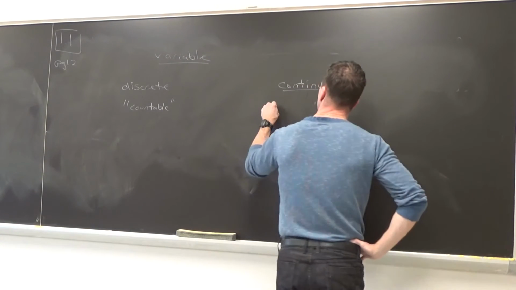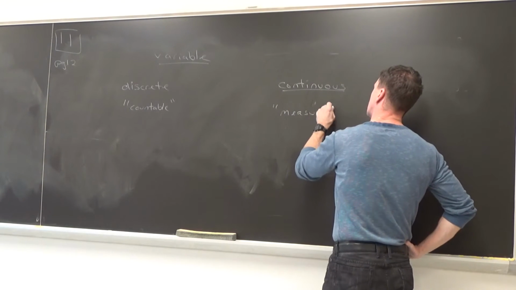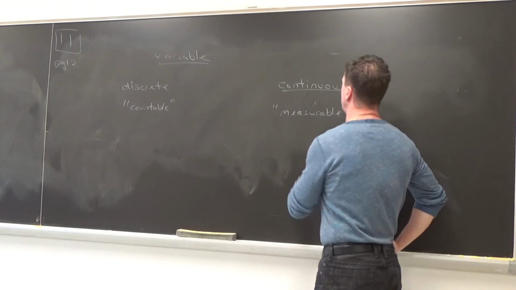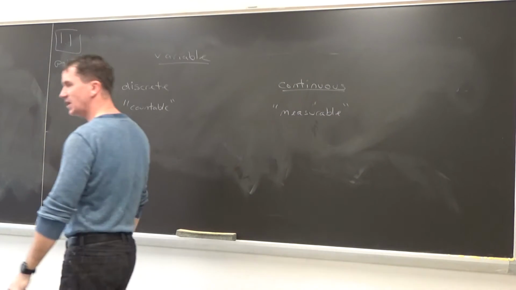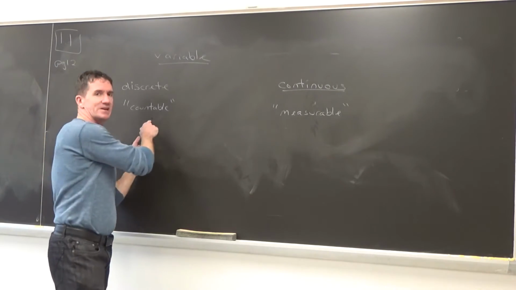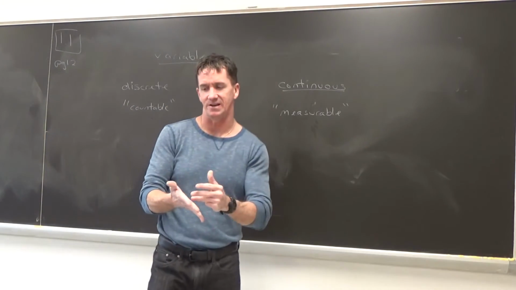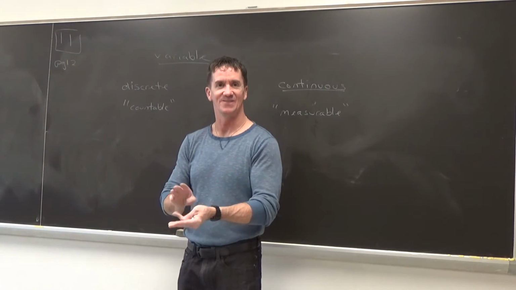Continuous. I want you to think, is that measurable? Is that something I can measure? Is it measurable or is it countable? What's the difference? We'll see some in here. Now, mathematically, for countable, think of a bunch of integers: 1, 2, 3, 4.